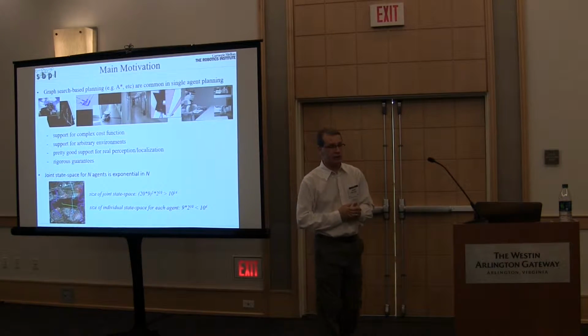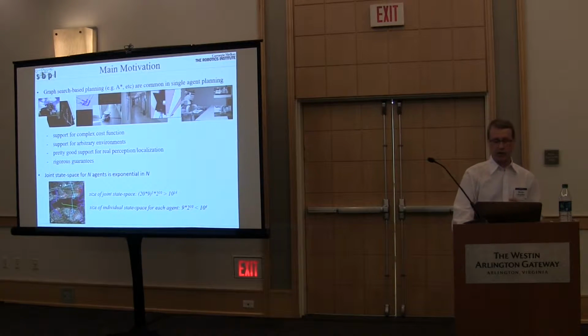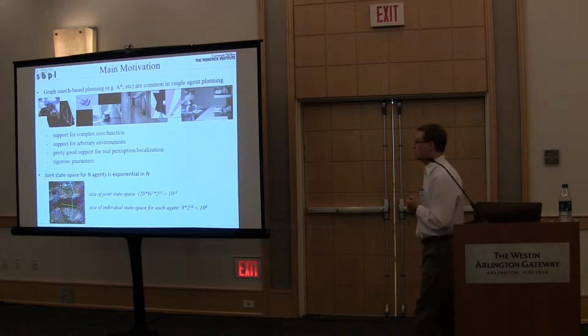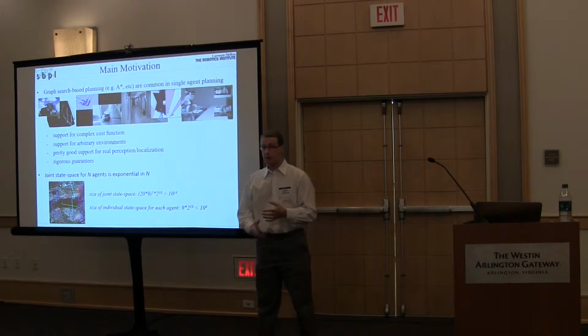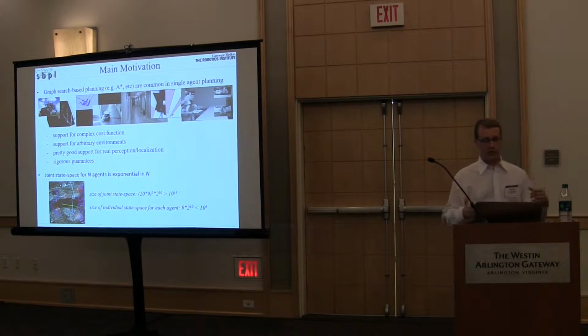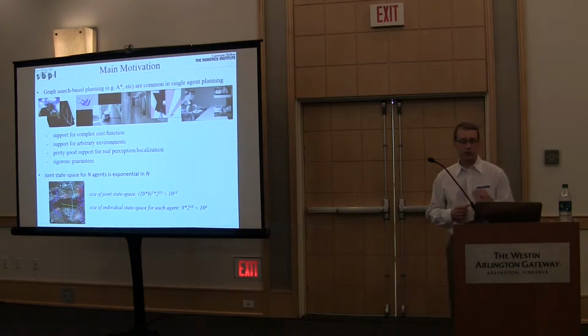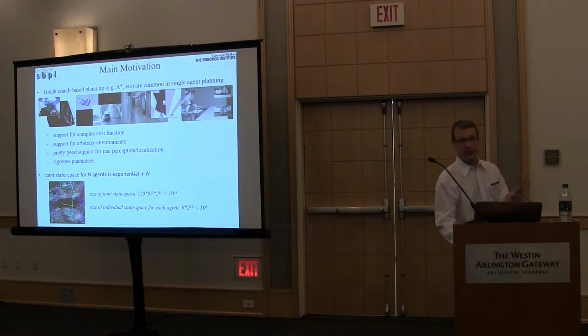So it's a 4-dimensional state space, which is pretty easy to handle with graph search. Now, if you go to the joint state space, then you're talking about something like 10 to the 14, and that becomes immediately too large to do one single search through one joint state space graph. So that obviously is a problem. That's highly unpleasant.